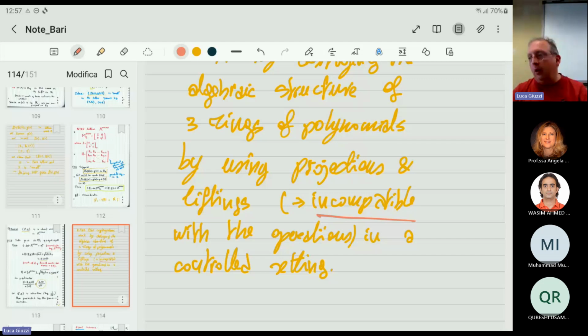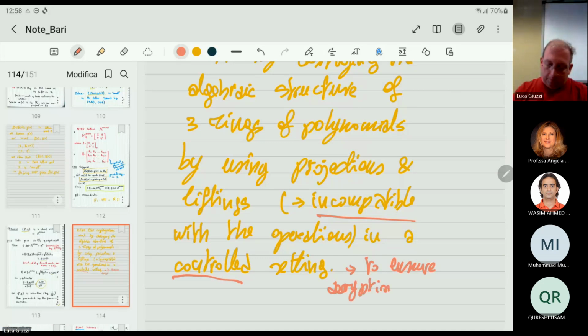So from that point of view, they are bad from the point of view of a mathematician. But at the same time, we work in a controlled setting, as we did with the first algorithm we saw, the one on the integers, in order to be sure that decryption is possible.